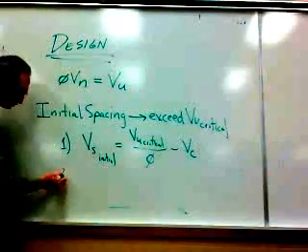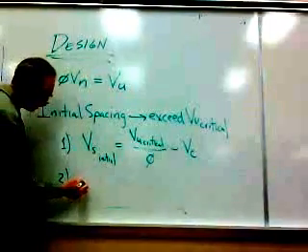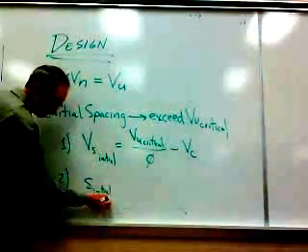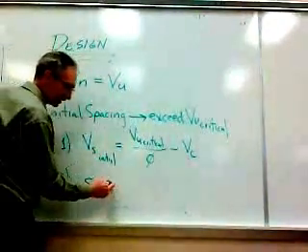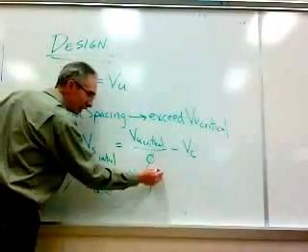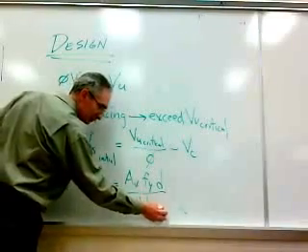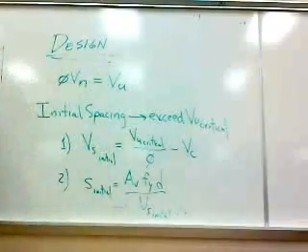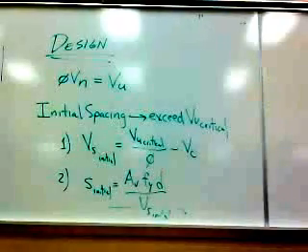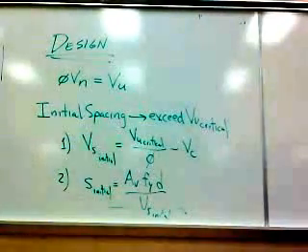Step two is just to rearrange the V sub S formula and solve for spacing. You can call this initial spacing if you like, or you don't have to say initial. But it's AV Fy D divided by Vs initial. Again, you don't have to put the word initial down there, but I'm just trying to reinforce the fact that we're talking about the initial spacing.